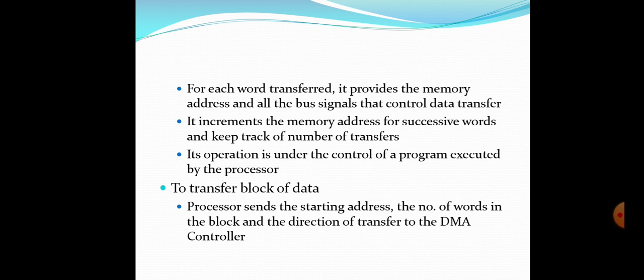All this information is given by the DMA controller. Another function is that it increments the memory address for successive words and keeps track of the number of transfers. Its operation is under the control of a program executed by the processor.